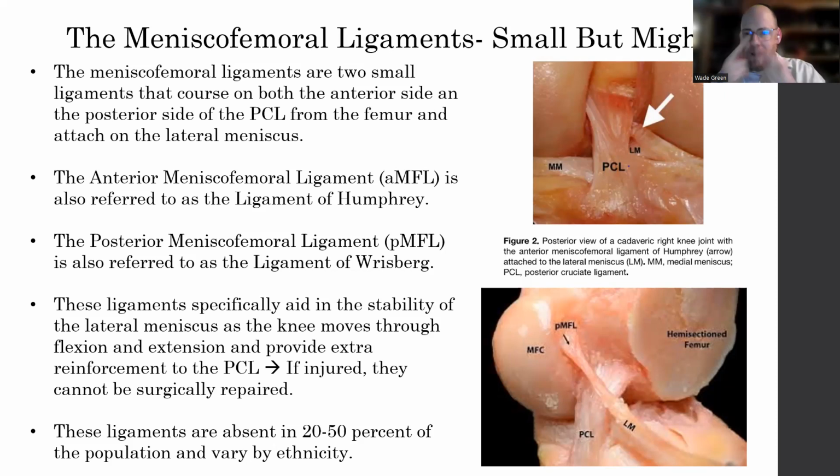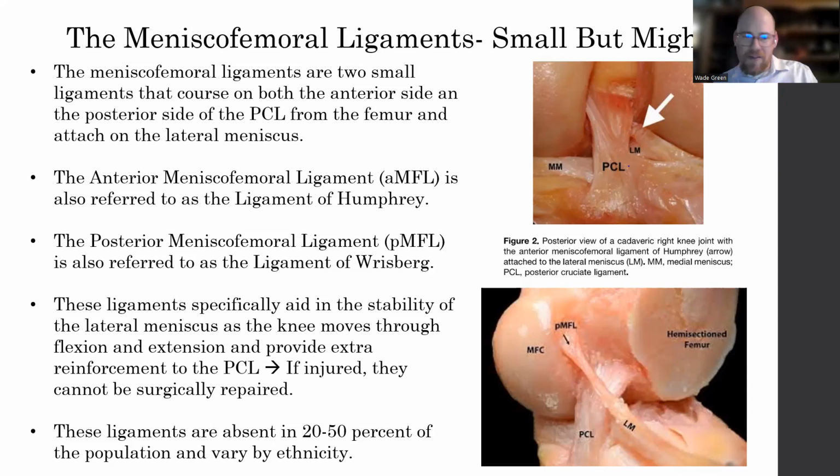All right, now that we know those names, we need to understand that they originate on the femur, essentially on the medial femoral condyle, and come across the PCL, on the anterior and posterior sides, and insert on the lateral meniscus.